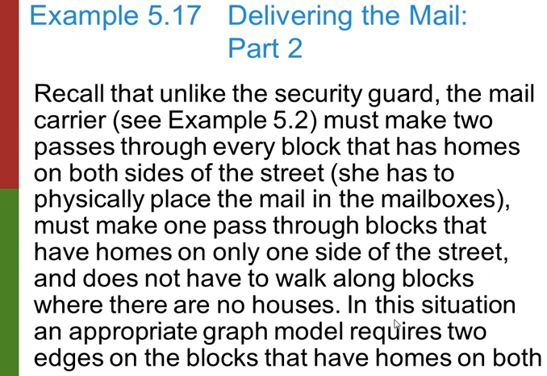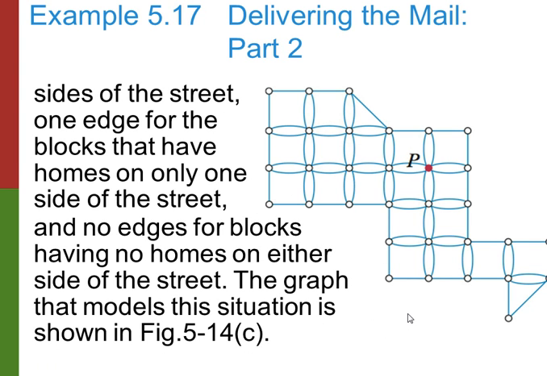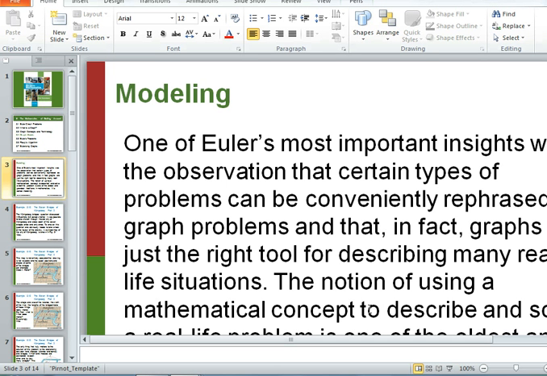These are relevant questions but won't be answered today. And then we can deliver the mail, walk around, and now we're doing the same thing with the deliver the mail problem, but now the mailman has to be on both sides of the street, so I have edges showing both sides of the street, as my model. And we're done with chapter 4.